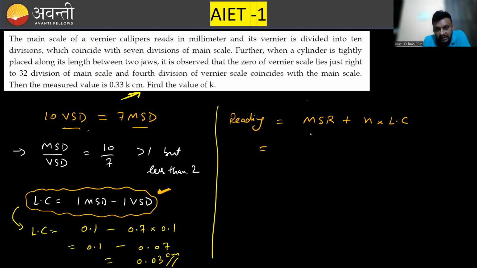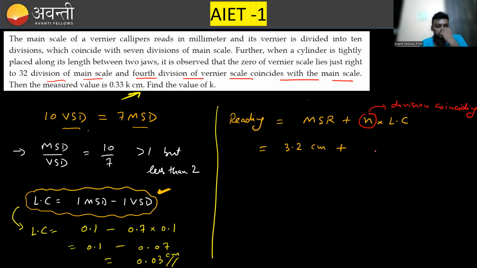Now main scale reading is 32. 32 divisions means 32 mm. That means 3.2 centimeter. Plus, they are saying, mark my word, of main scale and fourth division of vernier scale coincides with the main scale. What is n? N is the coincidence division coinciding.